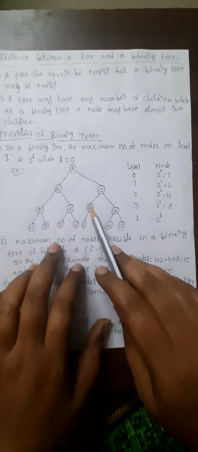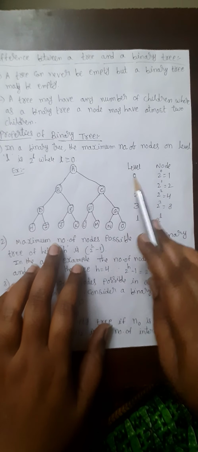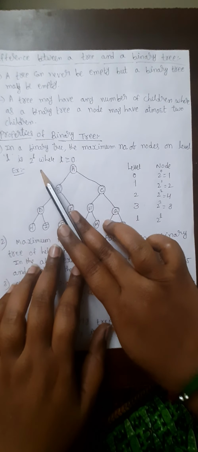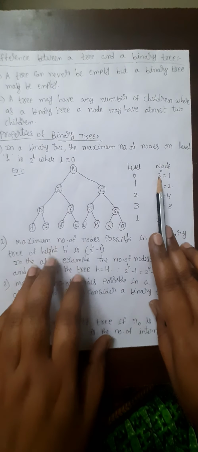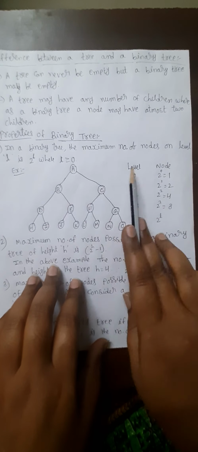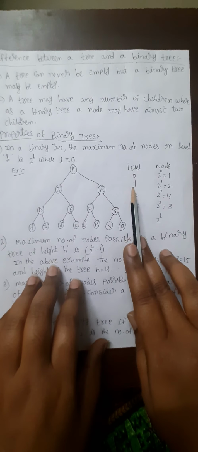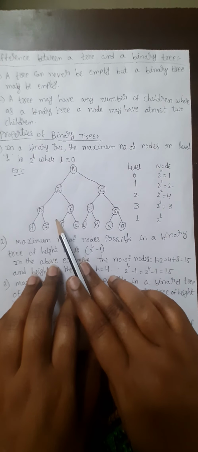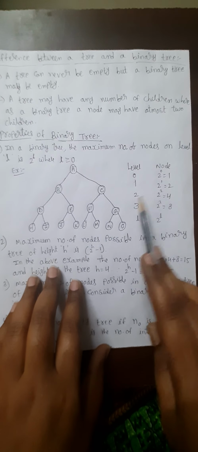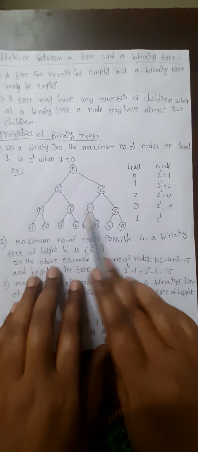Take this diagram. In this diagram, this is the 0th level, first level, second level and third level. If we take the 0th level, we represent it as 2 power L, that is 2 power 0, which is 1. If we take the first level, 2 power 1 is 2. And the next level, the second level, is 2 power 2, so it contains 4 elements.